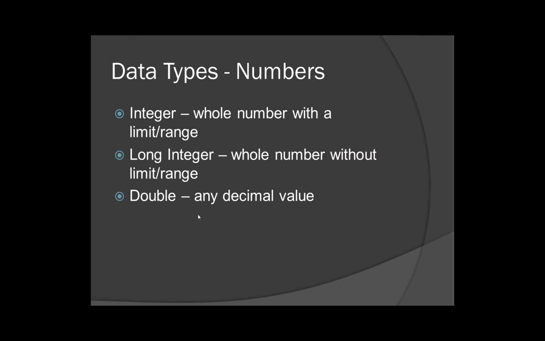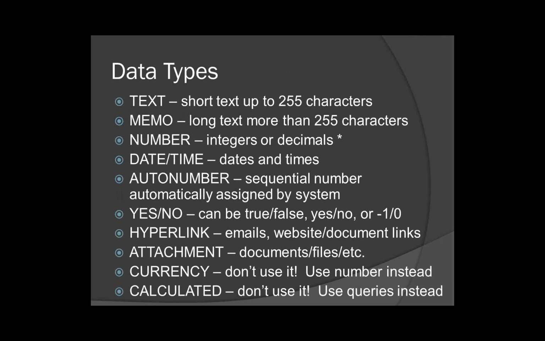I will leave on screen this list of data types to give you a frame of reference. Let's take a few minutes here and let you all try it on your own, and then we can review it together as a group. We'll give you maybe 5-10 minutes, and we'll try it together.